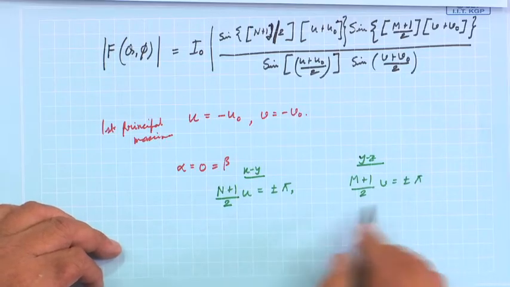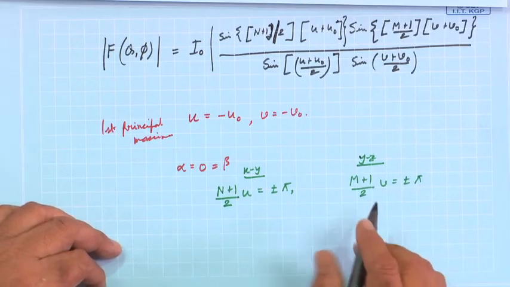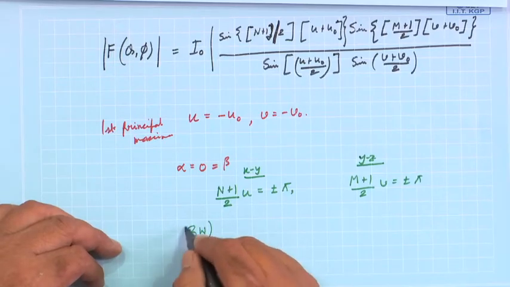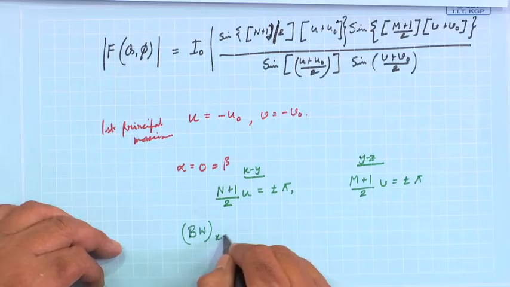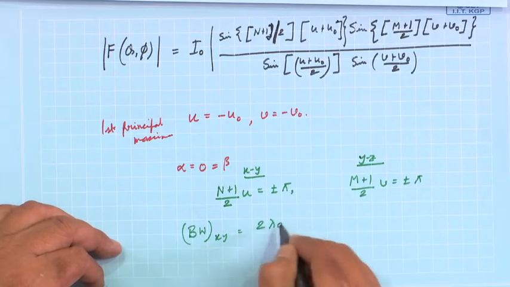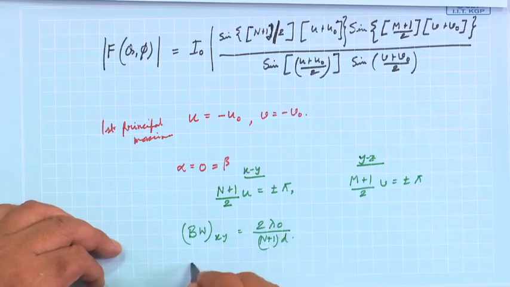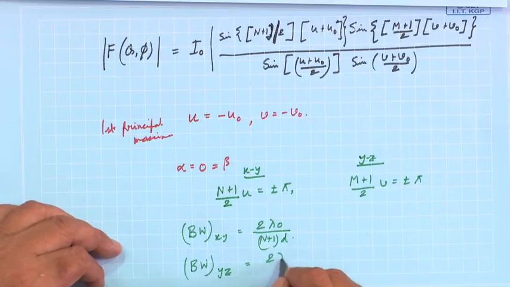So, the same that we have done for the linear array. So, it can be easily shown that the beam width in the x y plane is given by 2 lambda naught by (n plus 1) d, and the beam width in the y z plane is.